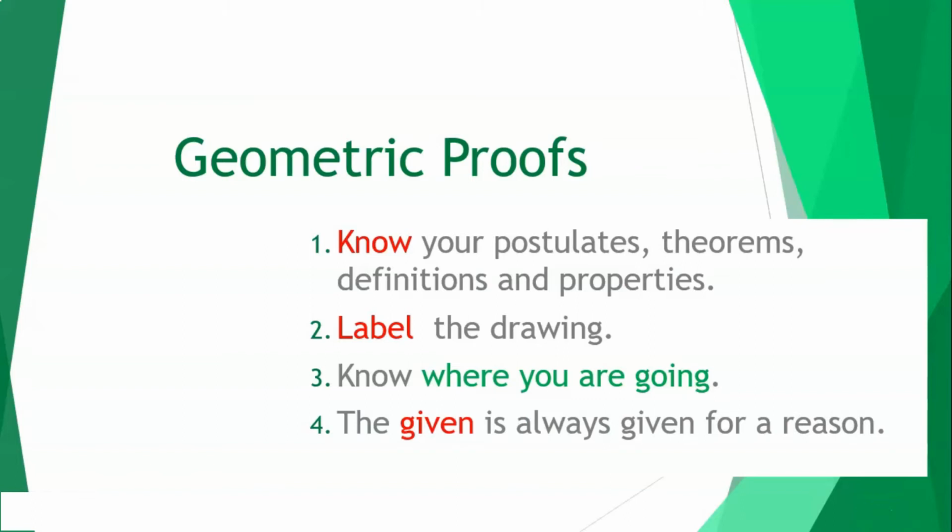And last is the given is always given for a reason. So somehow the given will give you a clue how to get to your destination or to what is required. So take note of that. Again, know your postulates, label the drawing, know where you're going, and take note, the given is always given for a reason. So let's start.